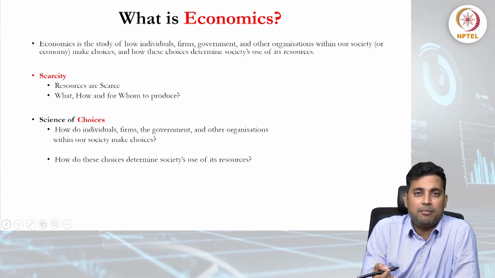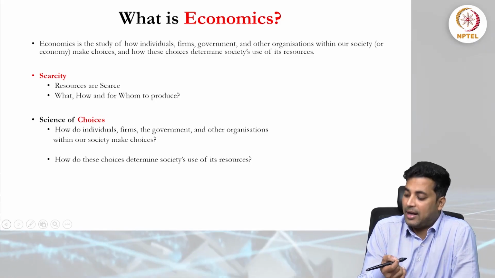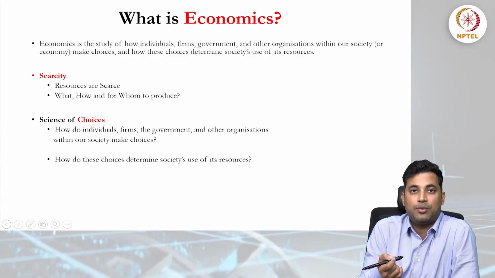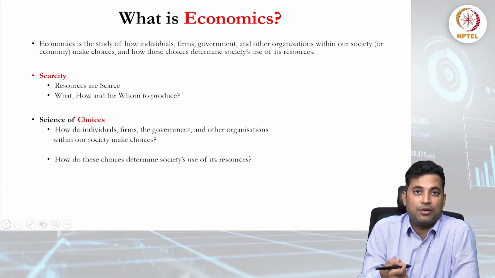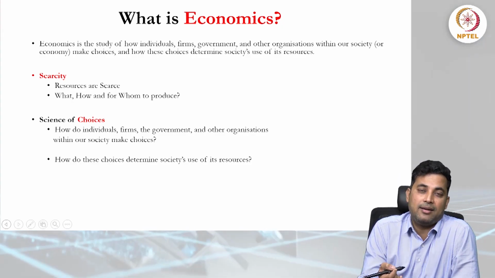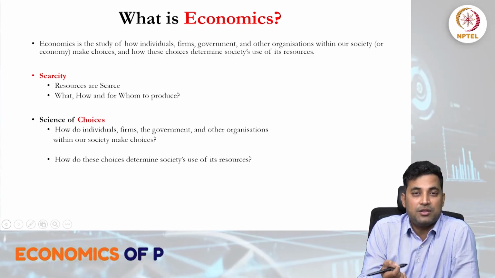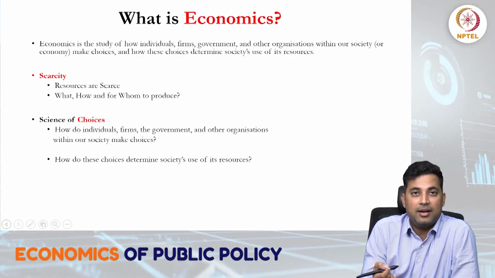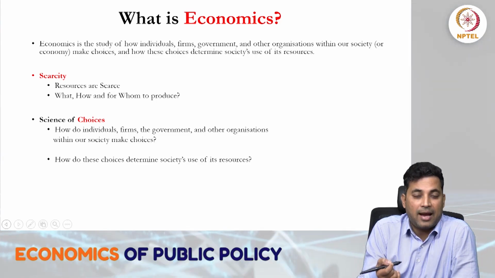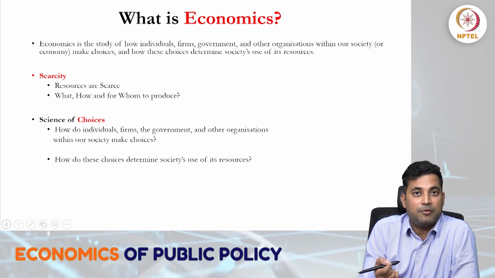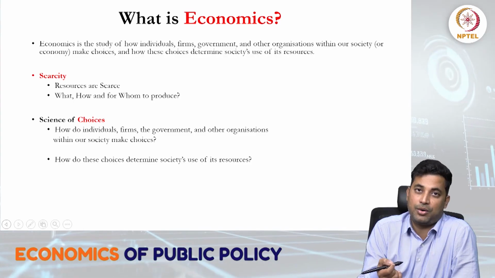One can give an example of one farmer who has 5 acres of land and the choice is whether to grow rice or wheat or a combination of rice and wheat, but the land size for that particular farmer is limited. So even if that farmer wishes to produce rice and wheat together, if land size is not allowing, then the farmer has to decide whether to produce rice or wheat.